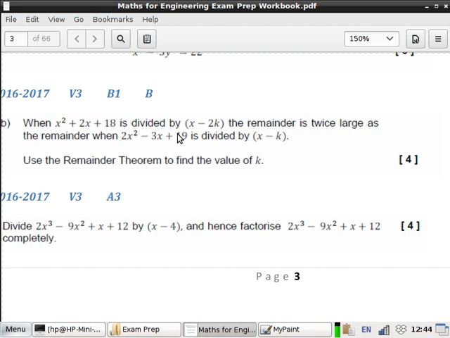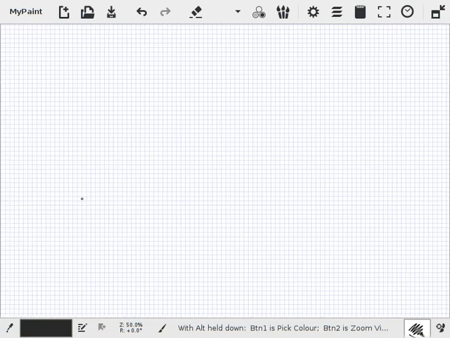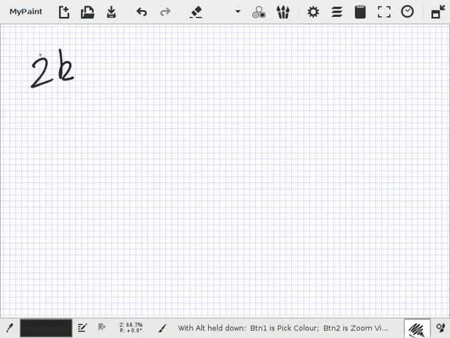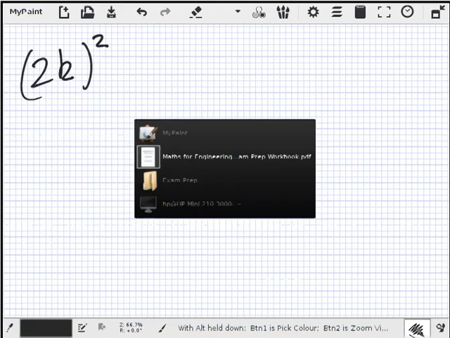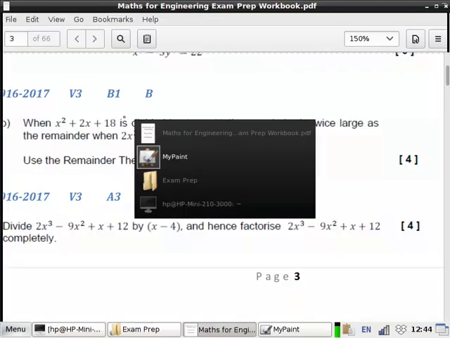It's hard, is it? Okay. So you said firstly, what's x here? And the first one? Yeah, 2k, isn't it? So if I write this down, 2k squared. Good. Plus 2 times 2k plus 18. Now, let's just calculate this.